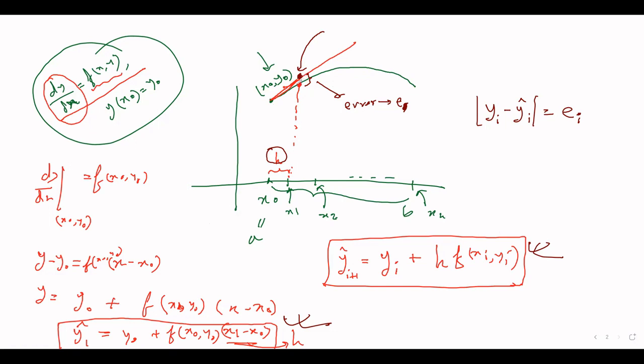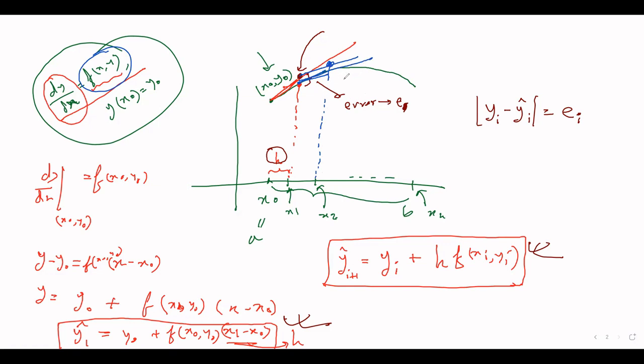So we know how to find the value of the slope at x1 comma y1. The slope is the slope of this tangent line, right? But we are not going to start from x1 comma y1, but rather from x1 comma y1 cap. So we will move along this direction to get the approximate value of y2 cap.